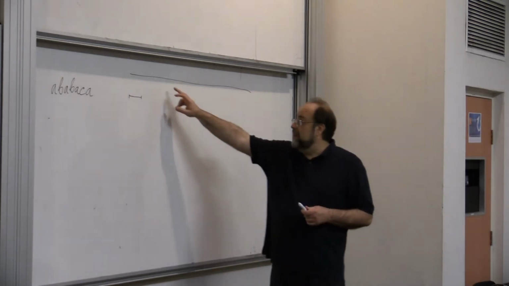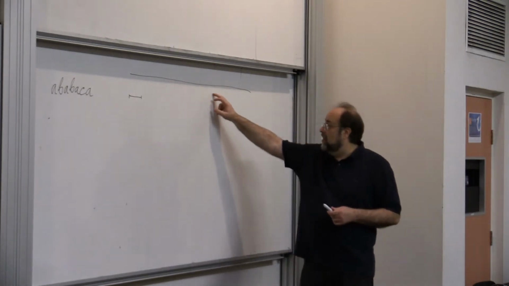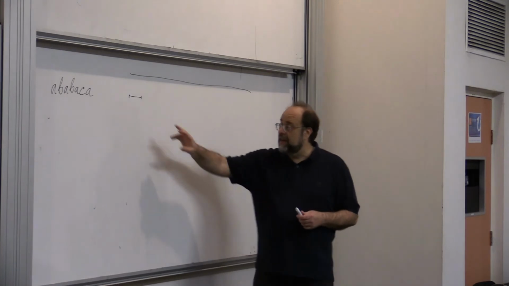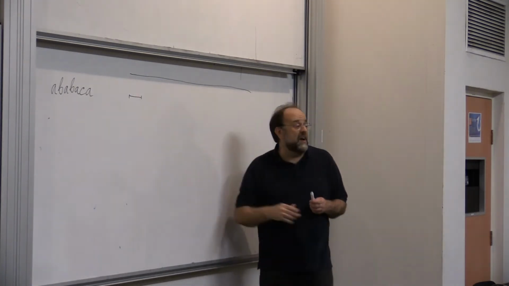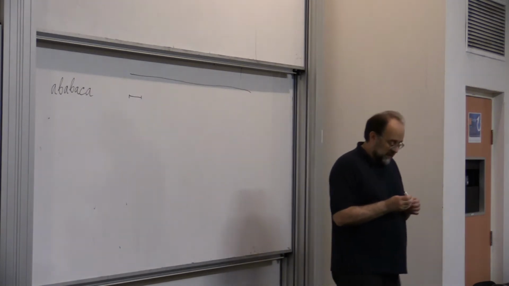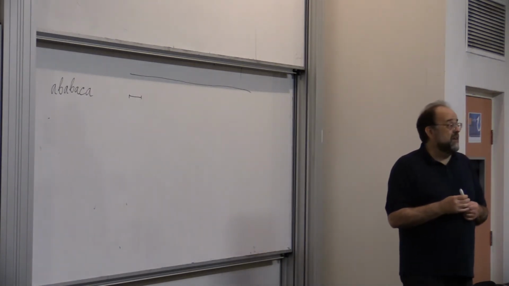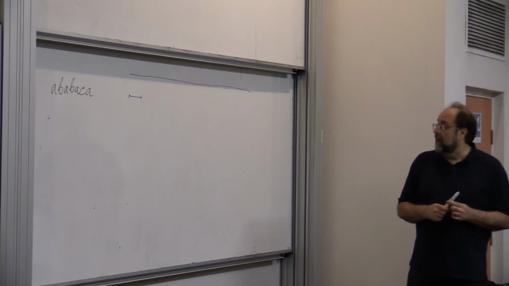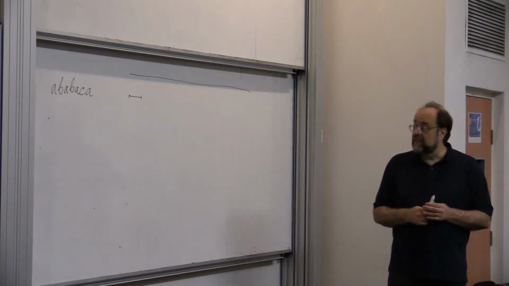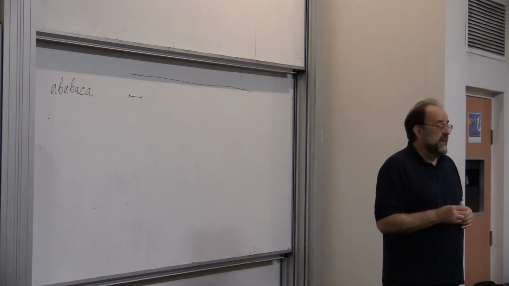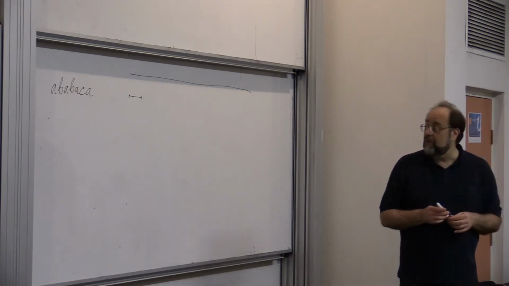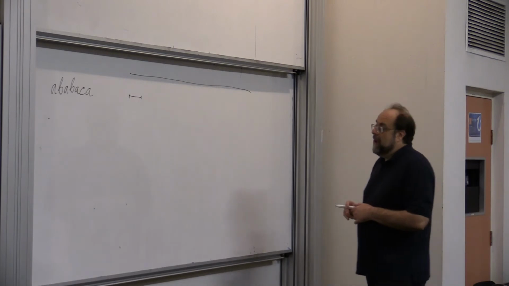Or this can be a long strand of DNA, and this is a particular gene, and you want to find all the occurrences of this gene within this strand of DNA. So this is obviously an extremely important problem to consider, right?